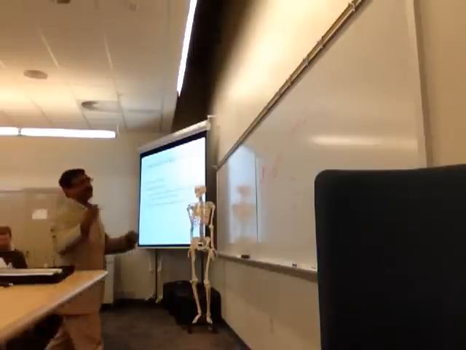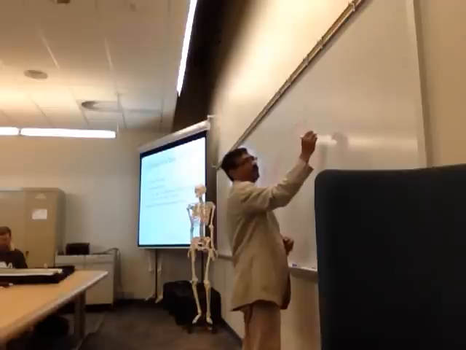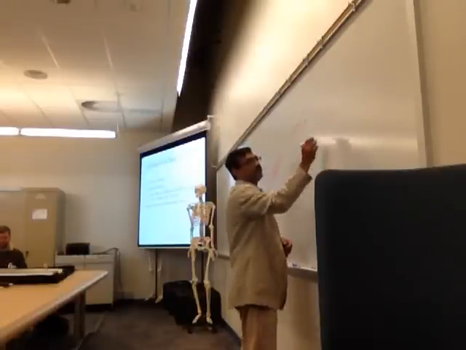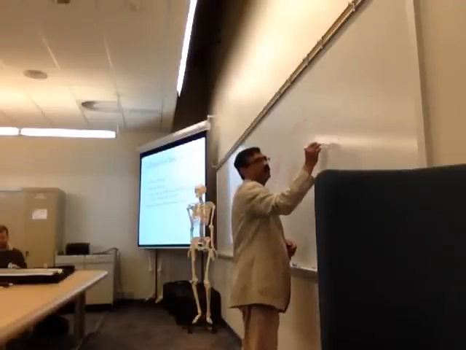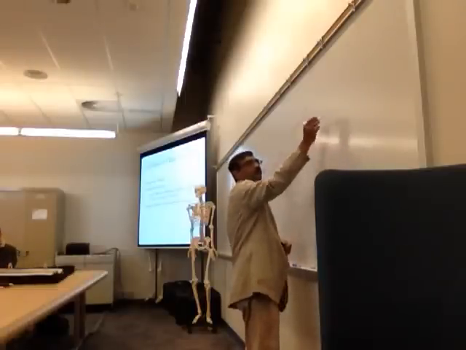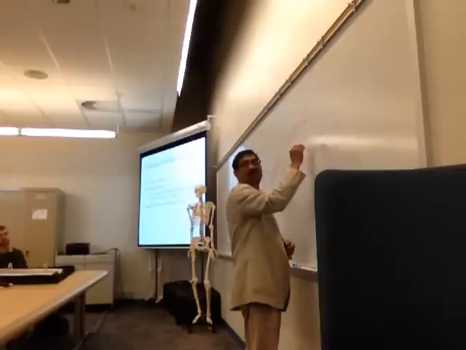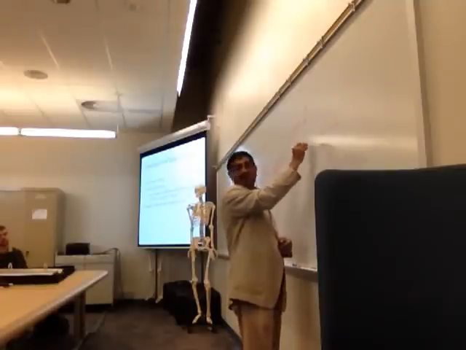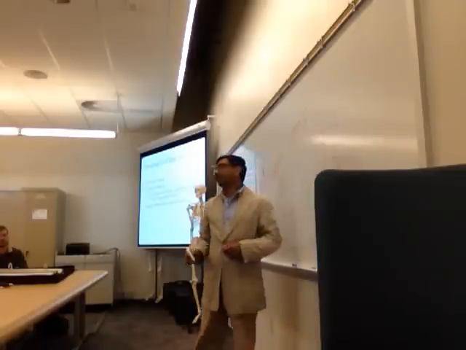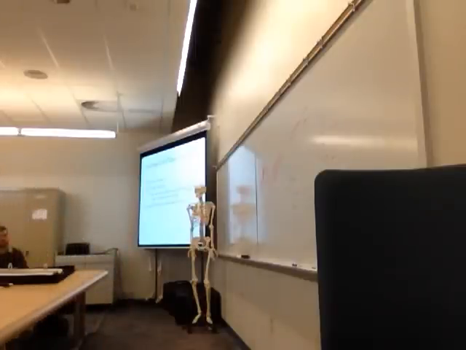So if this is the tubule of the nephron, and here is the urine or fluid, some molecules will get out from the tubule and enter into the body. That is called what? Reabsorption. Is it clear? And some molecules will enter into the tubule through the wall of the tubule, and that is secretion.